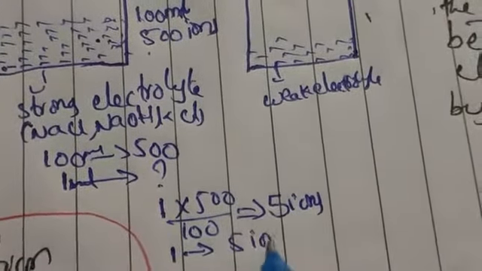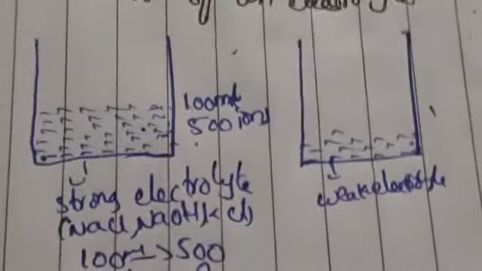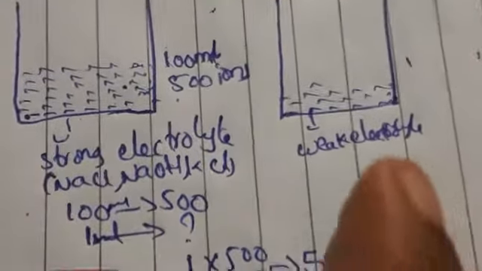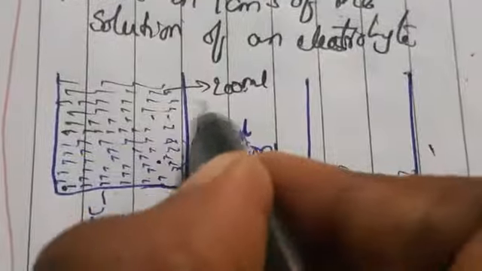If suppose to the 100 ml I have added NaCl, the ions are dissociated into 500. Now I have increased the dilution to 200 ml, and here again it is also giving 500 ions.